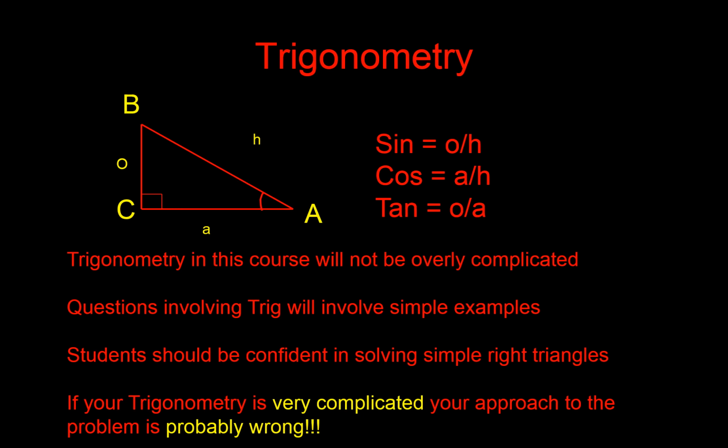The smartest people are the people who come up with simple solutions to complicated problems. So you should be confident in using right-angled triangles, the law of sines, the law of cosines. I would suggest you look these up if you're not familiar with them, or speak to me. If your trigonometry, as I said, is very complicated, you're probably doing the problem wrong and need to revisit your approach.